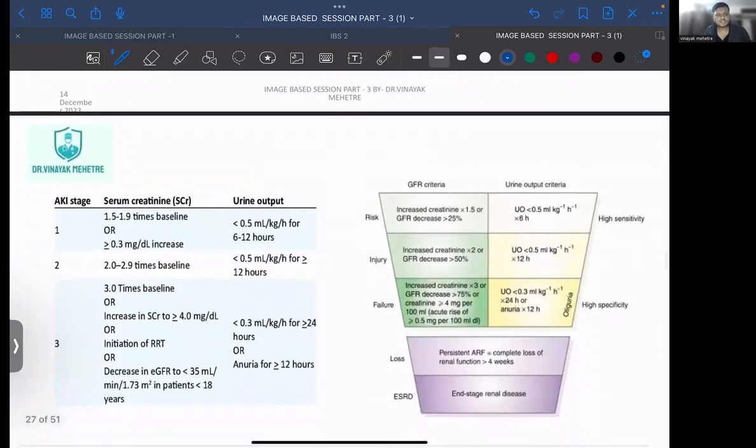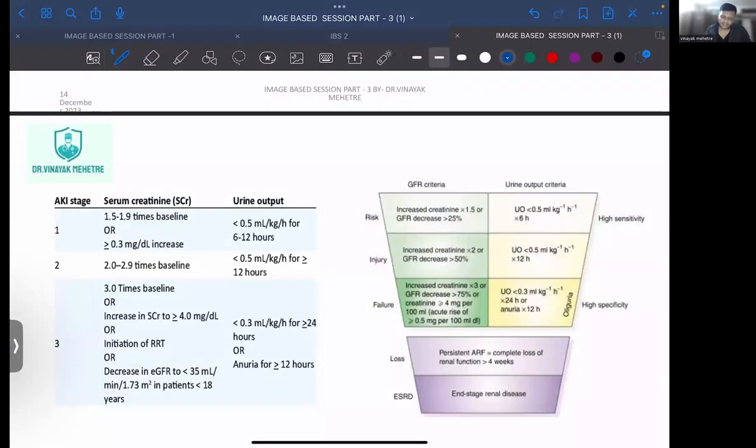Now that was the syndromes. Now if you remember, we divide these patients into two categories. One is AKI, acute kidney injury, and second one is CKD, chronic kidney disease. You study AKI and CKD in medicine.